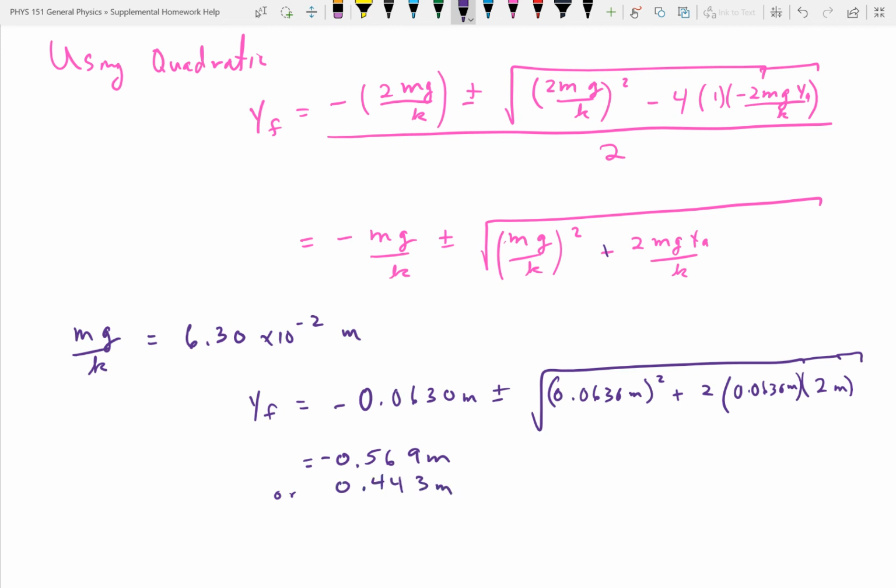Now, looking at these, the y final, of course, is the final height. If the final height is positive, then it's above where it started to stretch, not realistic. So the final answer, the only realistic one, is the negative one.